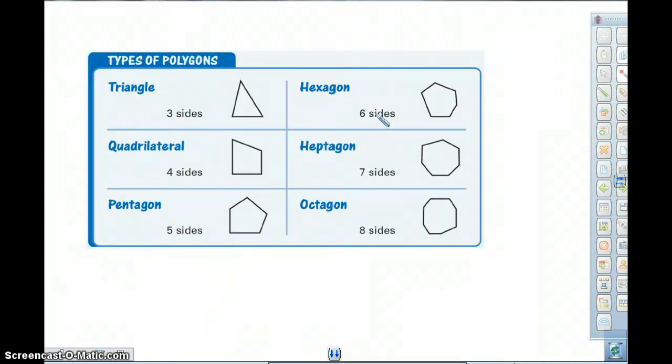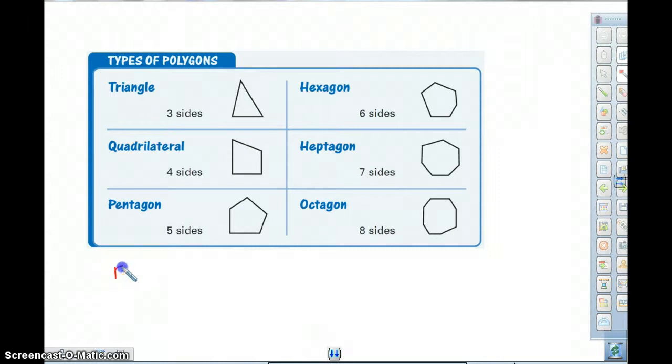Types of polygons go completely by number of sides. Triangle has 3 sides, quadrilateral has 4, pentagon has 5, hexagon has 6, heptagon has 7, octagon has 8.